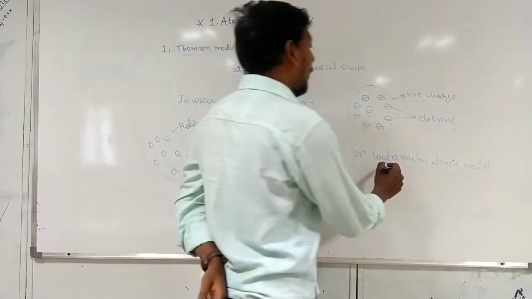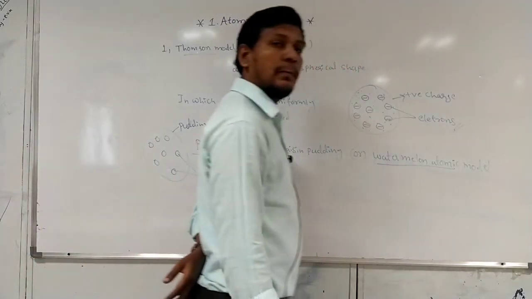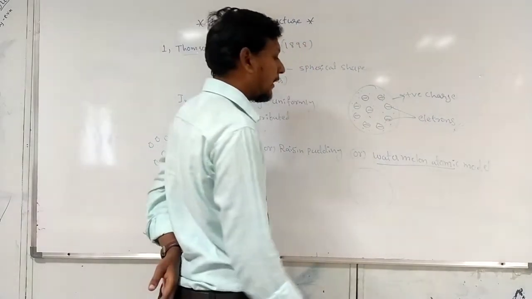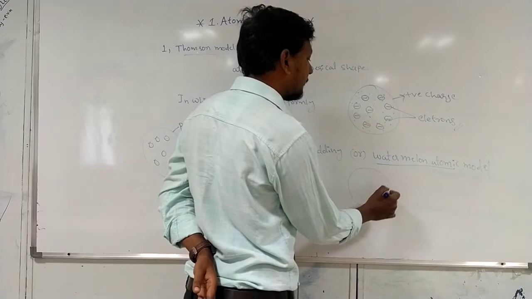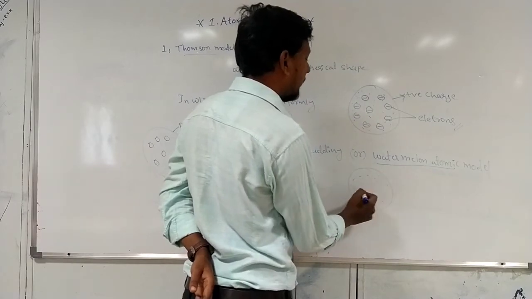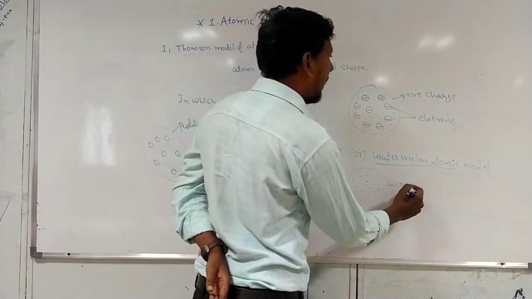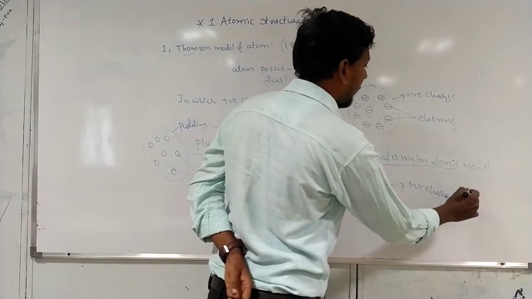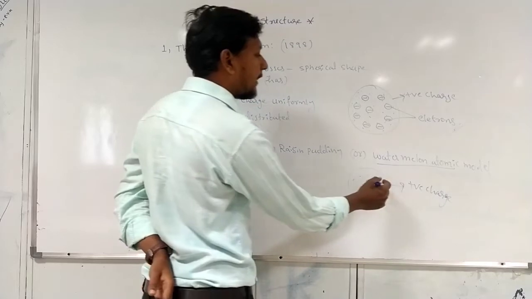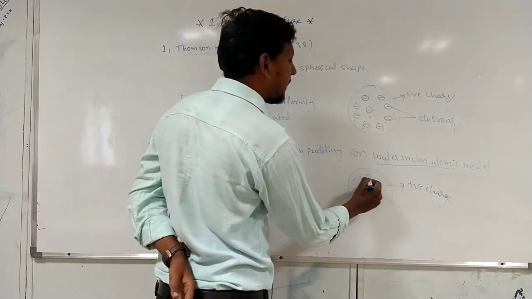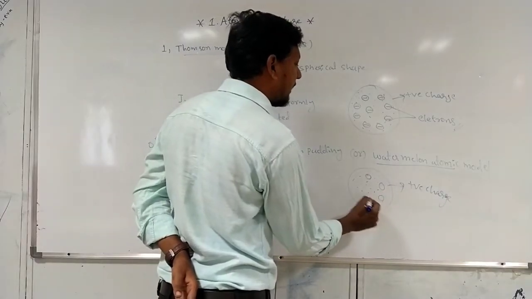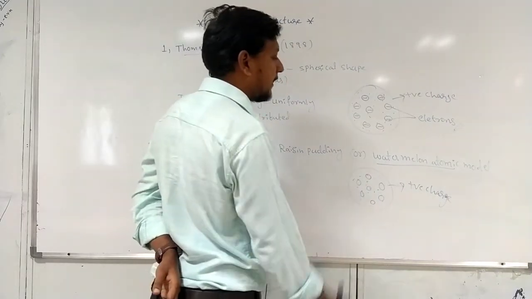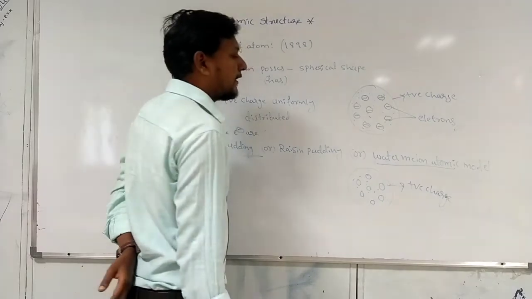Next one, watermelon atomic model. Take a watermelon, all red part. The red part is the positive charge. In the watermelon, seeds are embedded like this manner.